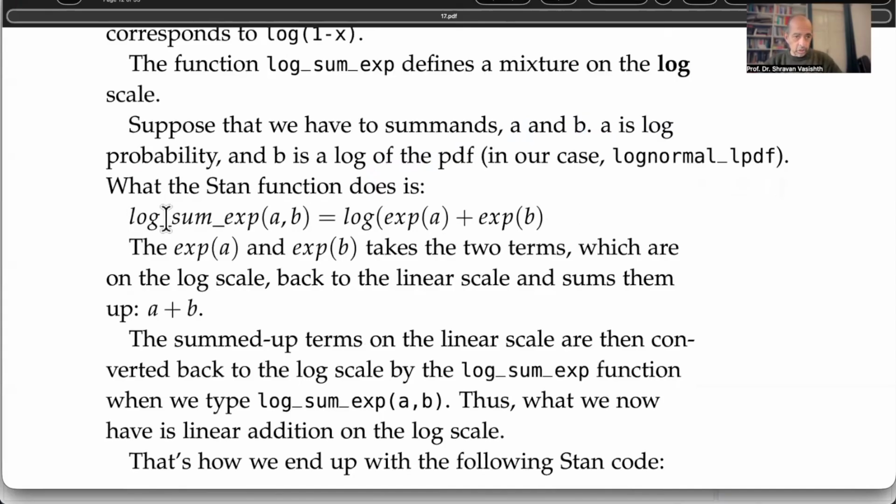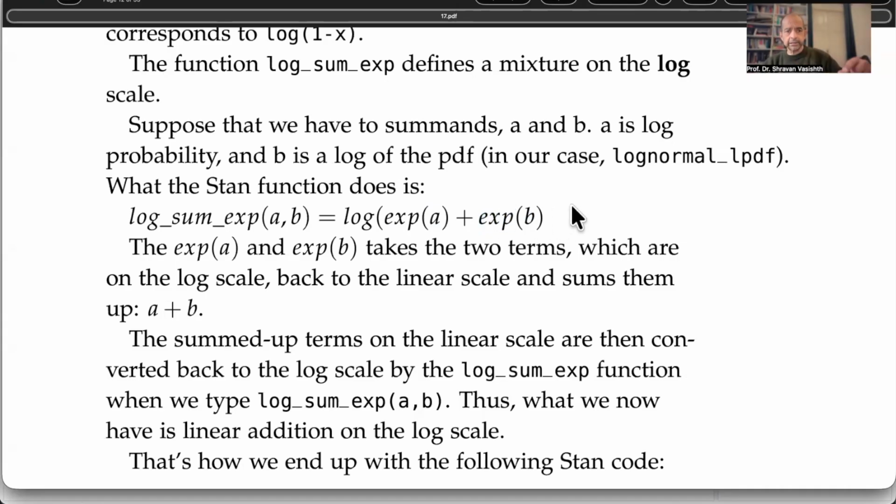So if we say log_sum_exp(A, B), what we are actually going to do is first, because A is in log space, we take the inverse of that function, which is the exponent, and we get it back in the original space, probability space. So B is in the log PDF space, with an exponentiation. We bring it back into, there's a bracket missing.